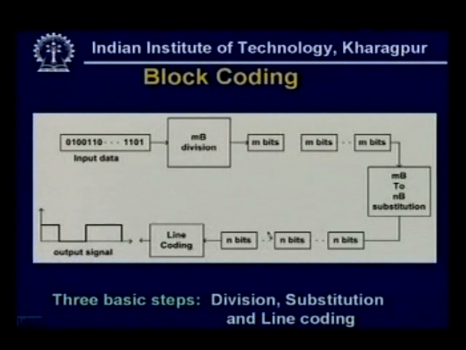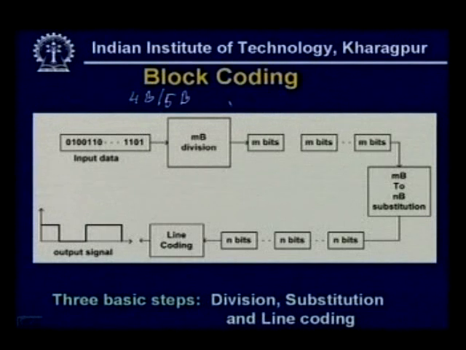Let us see the basic scheme used. The basic scheme has three distinct steps. Division: for example, here is your input data. So, the division is MB division. That means this sequence is divided into blocks of M bits. For example, if we are using 4B5B encoding, in that case these M bits will be 4.